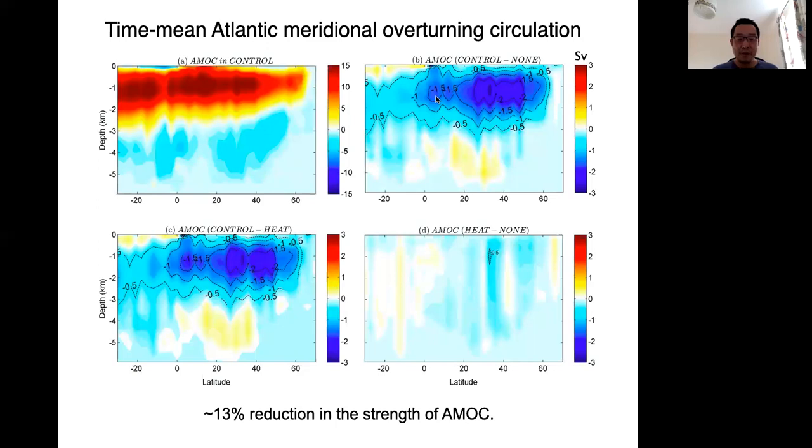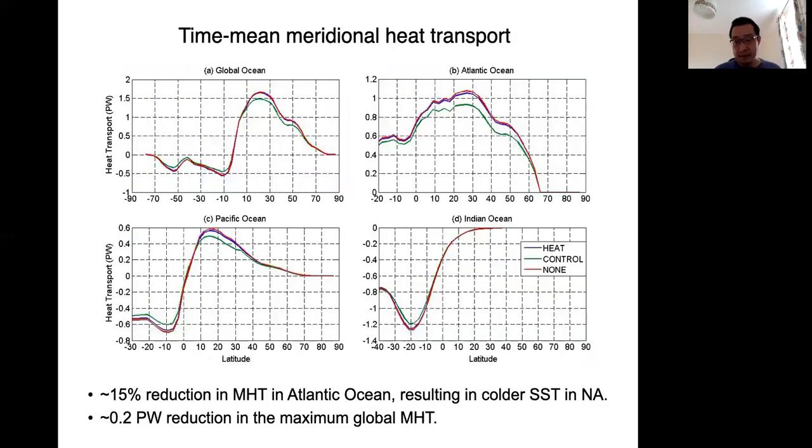If both the horizontal gyre circulation and the AMOC have been weakened, then if we look at the time mean meridional heat transport simulated in the model, in the North Atlantic, there's a reduction of about 15%. And we think this explains why we have this cooling in the subpolar North Atlantic in this model.